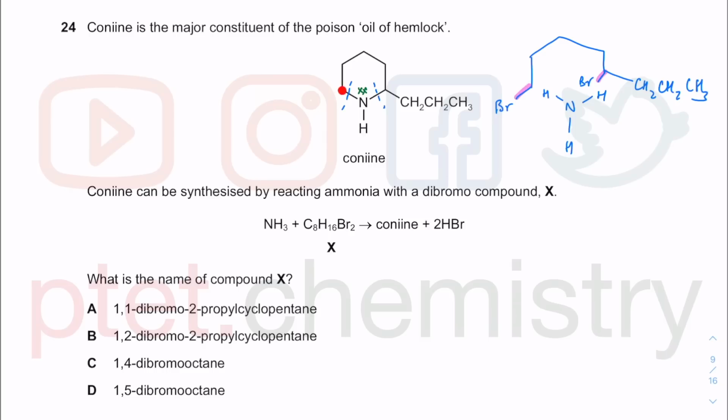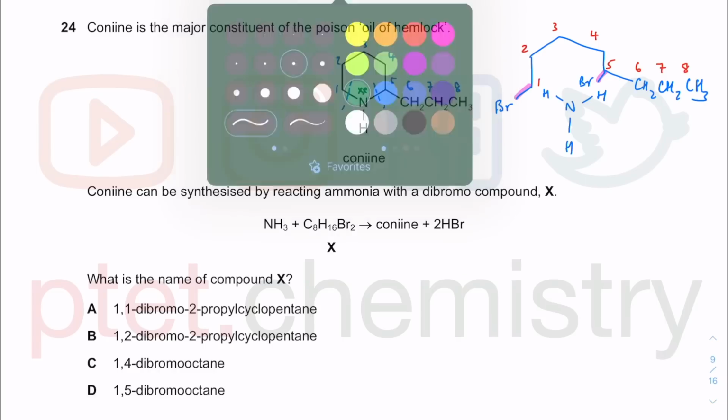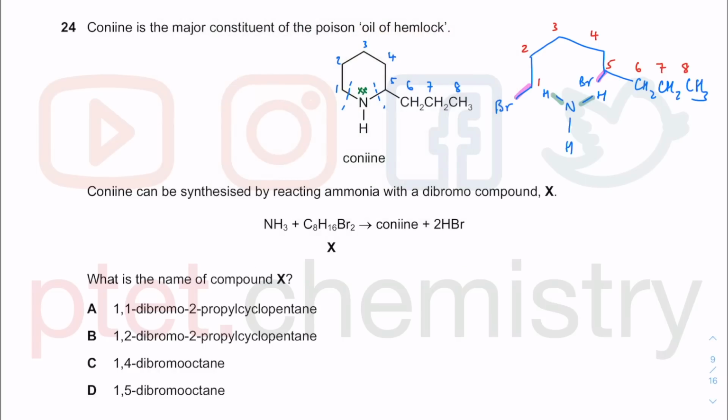So nothing has changed except for these Br and Br there. So that carbon is still that carbon there. So this is 1, 2, 3, 4, 5, 6, 7, and 8. That thing is going to be carbon 1, 2, 3, 4, 5, 6, 7, 8. And what happened with the nitrogen there is this nitrogen loses the H there, because that thing going from right to left is going to do nucleophilic substitution.